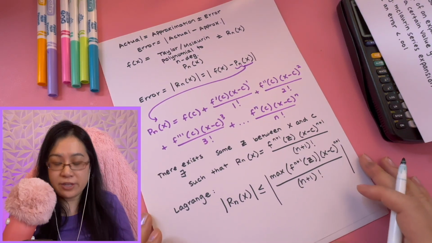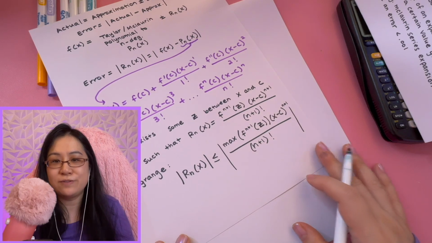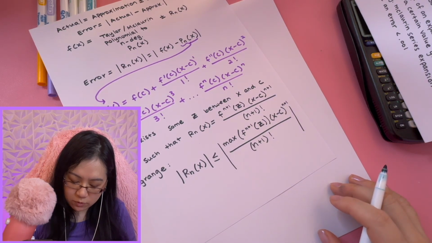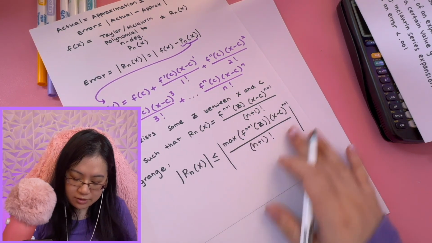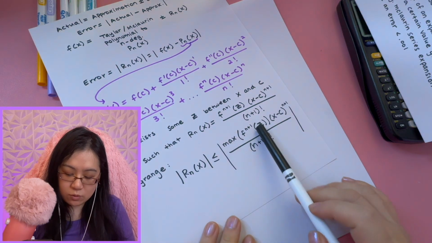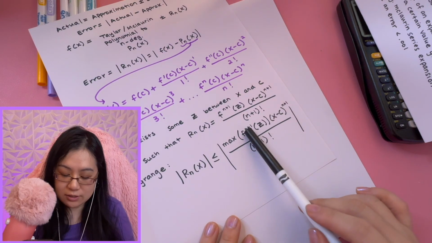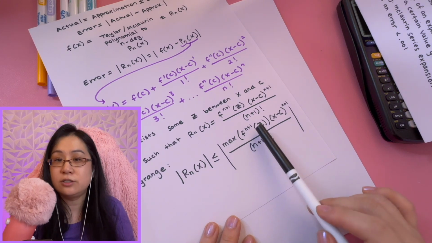Okay, I know it looks like a lot, but hopefully we can work through an example and make some sense out of this. The general idea is that we just need to find the maximum possible value for this n plus first derivative.